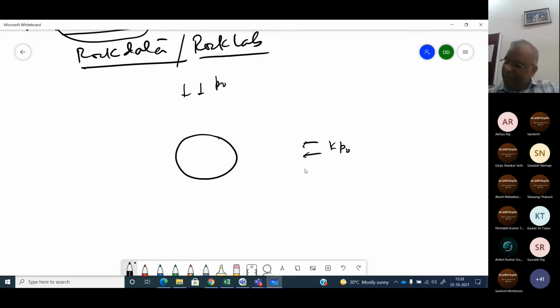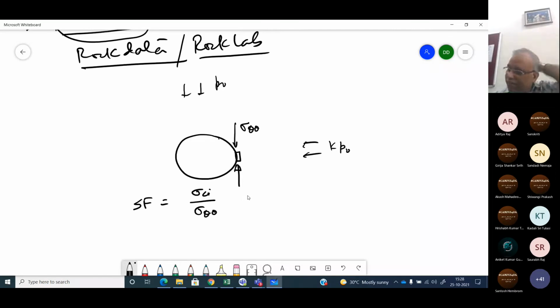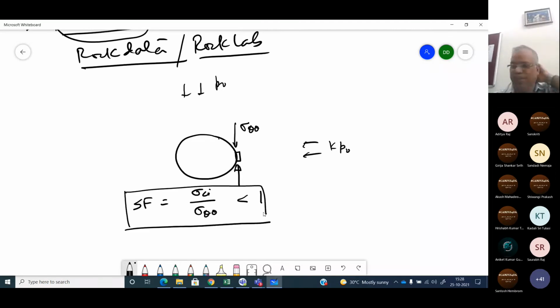I have told you many times that the stress is concentrated here in this corner. Now we have calculated a safety factor, if you remember, sigma ci by sigma theta theta. Let's say for some reason this is less than 1. I told you this will fail.